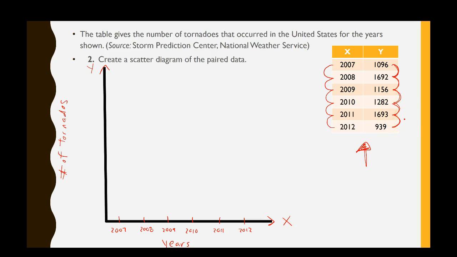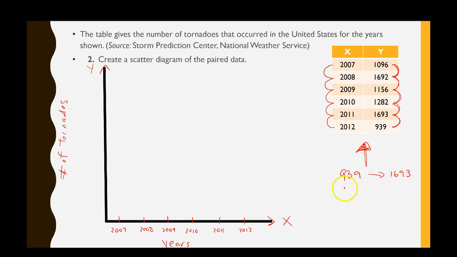So there's no real pattern there. When I go to put it on my scale of y, I can't just start listing them. I have to figure out a scale. My lowest is 939. My greatest is 1693. So whatever I put on this y-axis has to be able to accommodate that range.